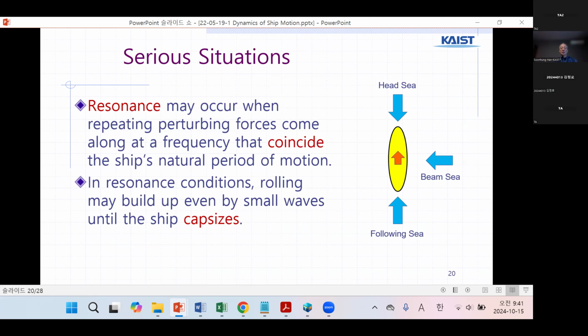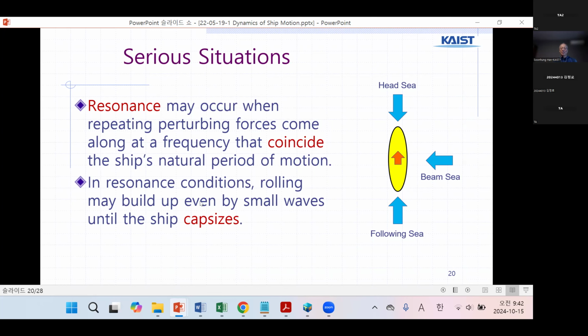And a serious situation, the resonance. You remember the resonance problem in vibration or sound. Resonance may occur because of dynamics. Repeating perturbing forces come along with a frequency that coincides, the same frequency, and then the motion can be big, right?